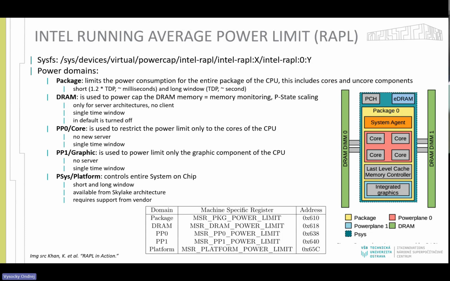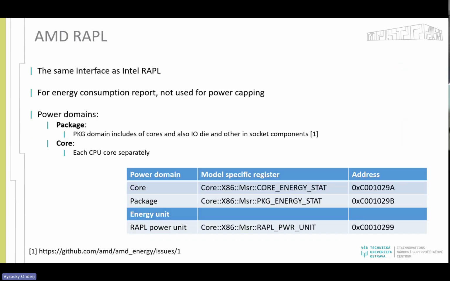So when evaluating the overall energy consumption, you should make a sum of package and DRAM, while in the case of AMD, you should just monitor the package because the core is already included in the package one. In this case, it's interesting that you can really monitor each core separately. So you can see the differences in the cores and which core is really loaded. So it provides some additional information compared to Intel.